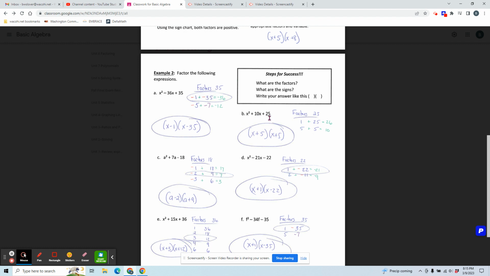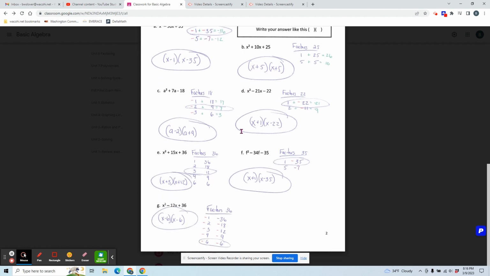Letter B, list my factors of the constant. My sign is plus, plus, so that means both factors are positive. I see which ones add to give me my linear term. 5 plus 5 is 10. That's what I need. So x plus 5 times the quantity x plus 5. Now, you may get to the point where you may not even have to list your factors. Right?